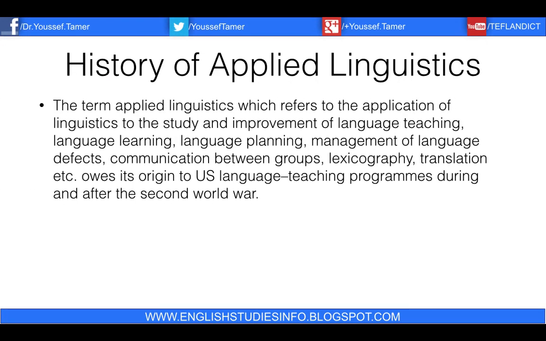The history, so we'll move on to talking about the history of applied linguistics. The term applied linguistics, which refers to the application of linguistics to the study and improvement of language teaching, language learning, language planning, management of language defects, communication between groups, lexicography, translations, etc., owes its origin to U.S. language teaching programs during and after the Second World War.